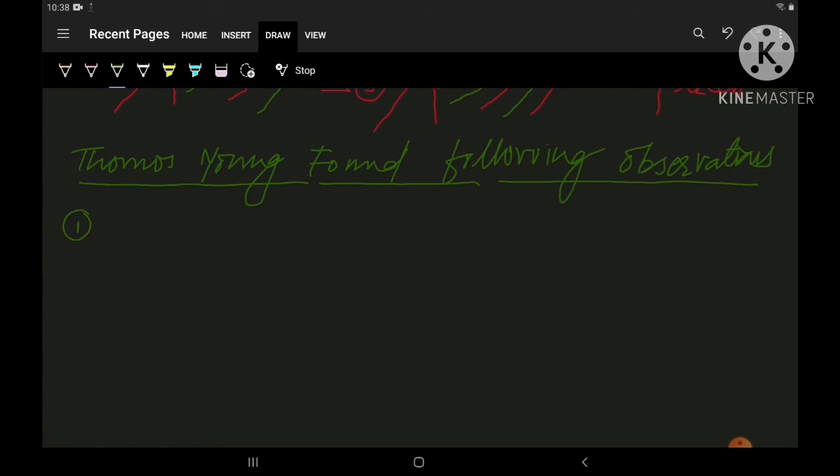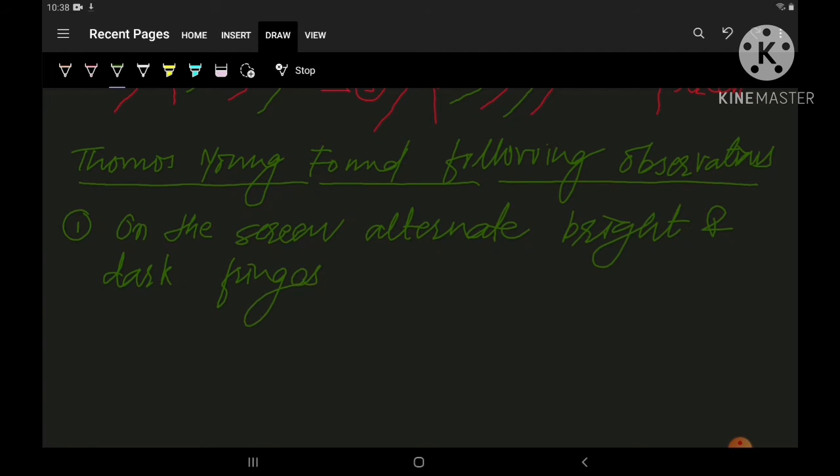First one is, on the screen alternate bright and dark fringes are found.